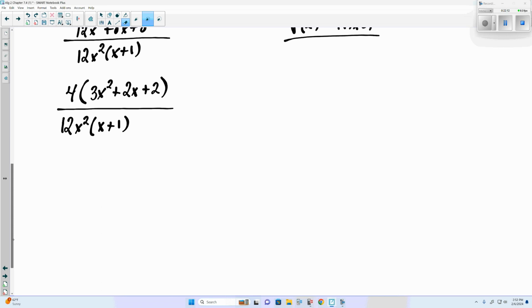But looking back at this here, do we now have something in common on top and bottom? Factor of 4, yes? 4 and 12. The 4 in the numerator will reduce out. The 12 on bottom will become 3.